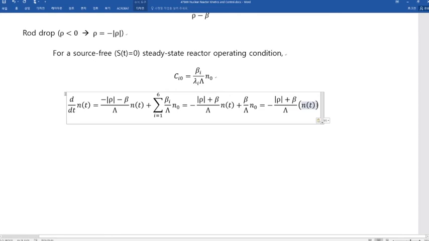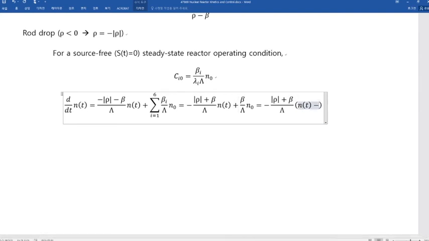In that case, what would it be? Both have prompt generation time in the denominator. Instead of plus, it should be minus.